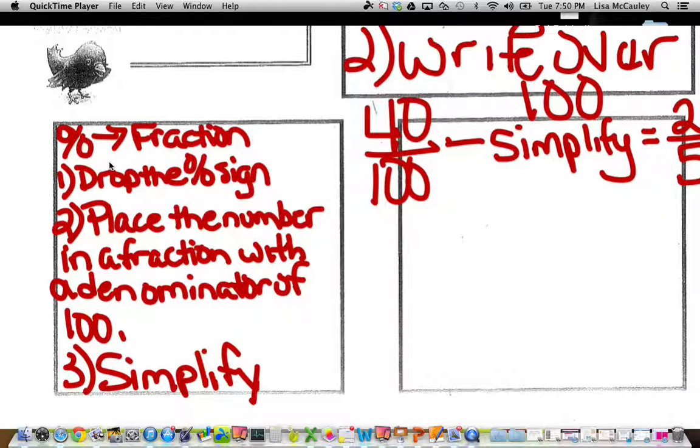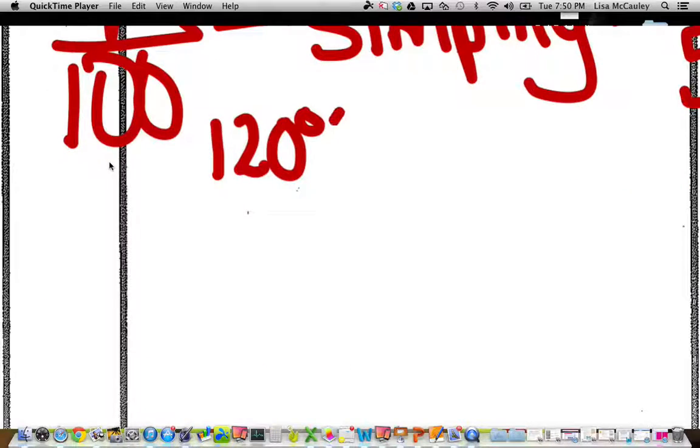Okay, I'm going to bring this problem over here, and let's take a percent. Let's do 120%. Let's say you did a bunch of extra credit, and you got 120% on your test.